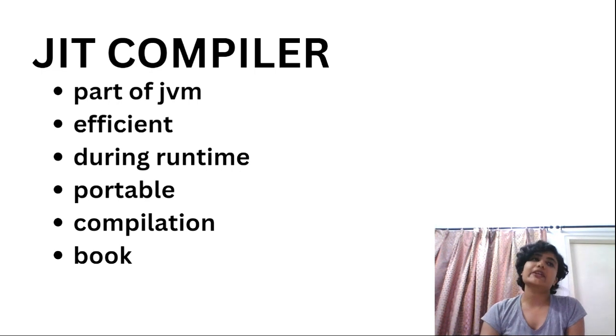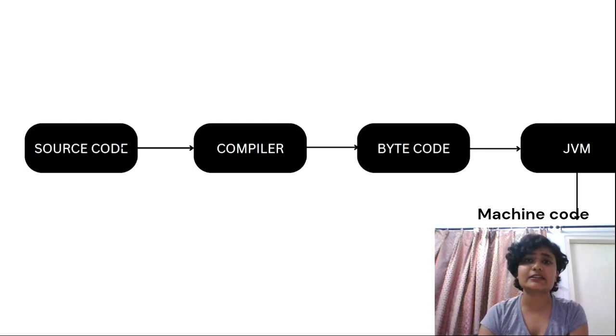Let's take an example of a book. What JVM does is that it will scan the entire book, then execute the bytecode, and then convert it into machine code. But what the just-in-time compiler does is that it will take the first page of the book, scan it during execution, and after the execution it will easily convert bytecode into machine code.